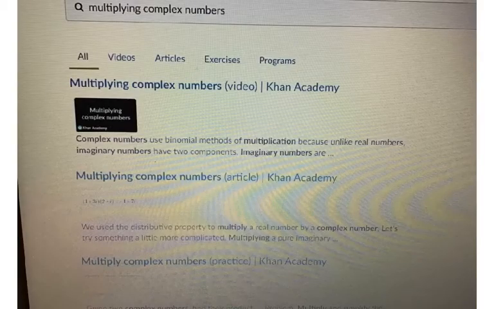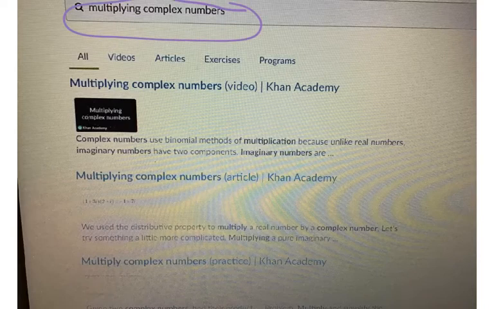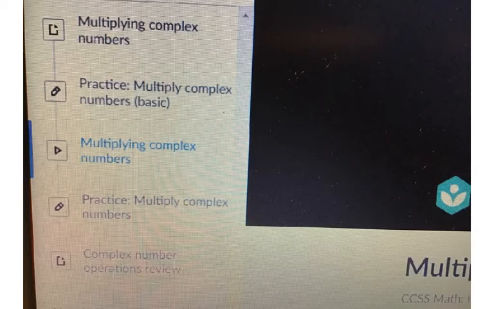So on Khan Academy, what I did to find it quicker, I actually just searched it up. Multiplying complex numbers. And I went ahead and clicked on the first one, which was a video. But of course, I stopped the video. This is the way Khan Academy is structured, guys. Once you find a concept or subject matter you're studying, generally Mr. Khan starts with a video.